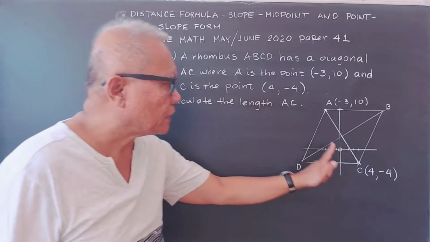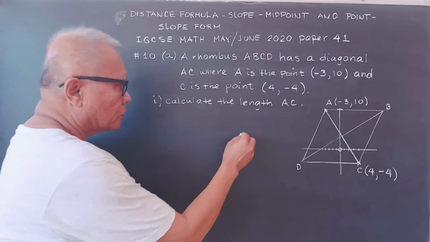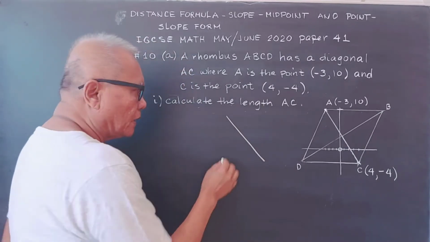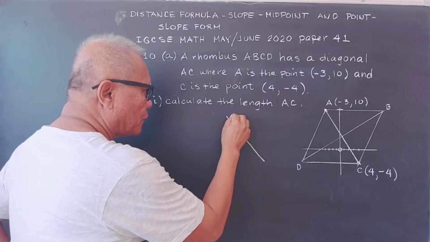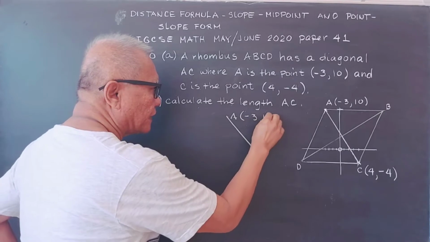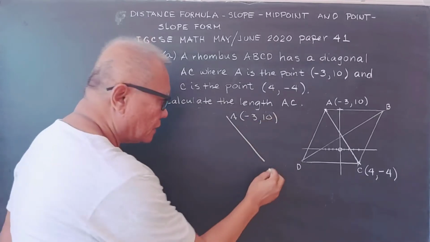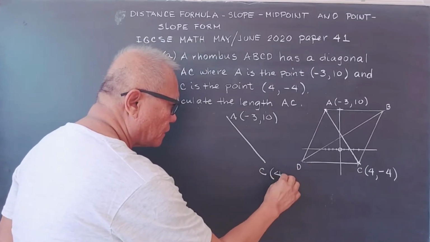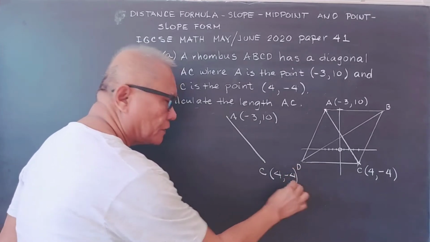For AC, we can draw that one again like this. This is our point A, which is -3, 10, and this is our point C, which is 4, -4.